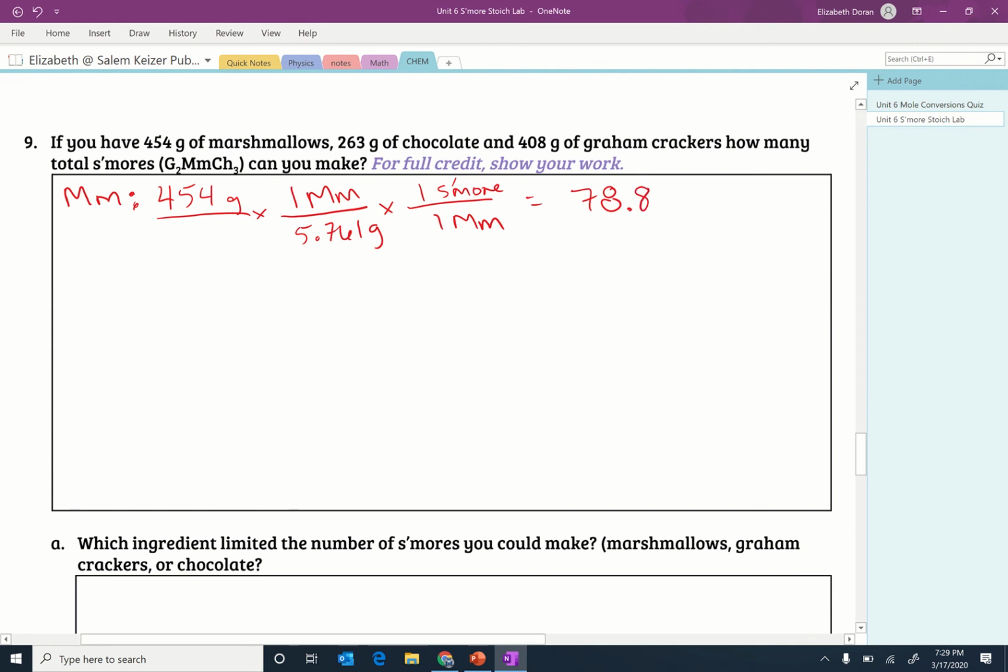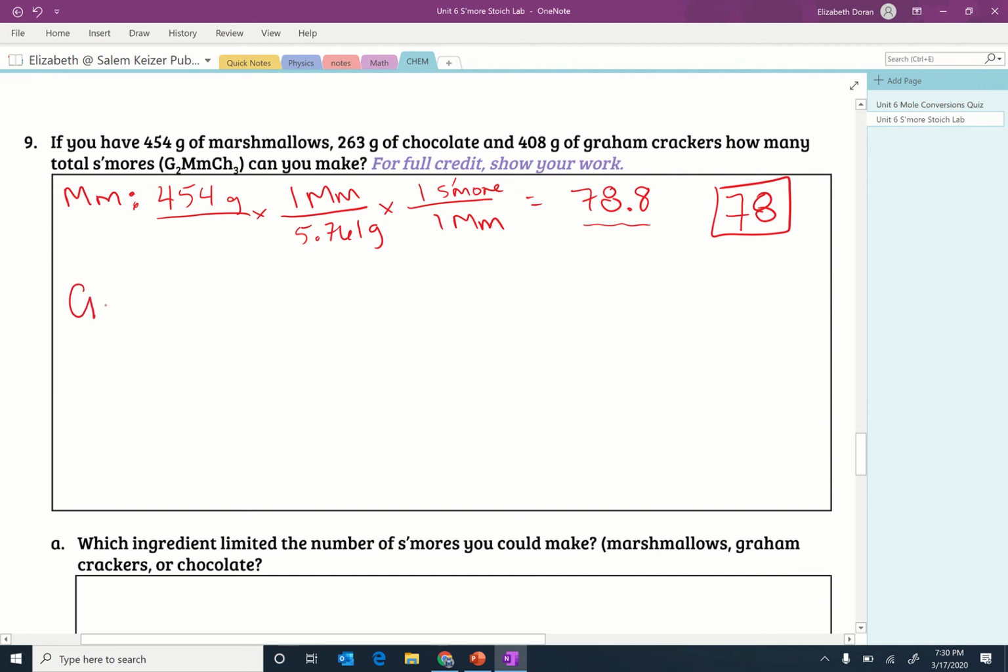So we take 454 divided by 5.761. We round down, right, because we can't make 79. We have 0.8, but that's only going to allow us to make 78 s'mores total. So 78 from the mass of marshmallow that we have.